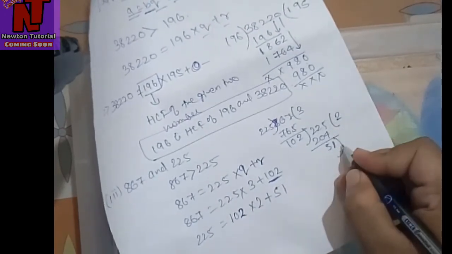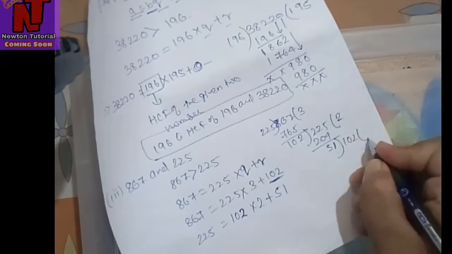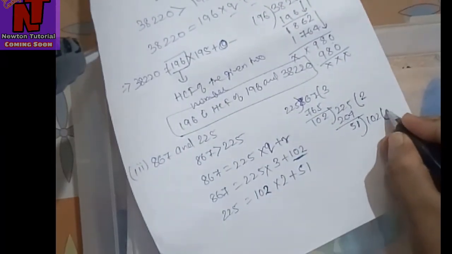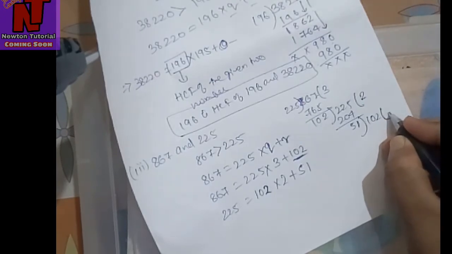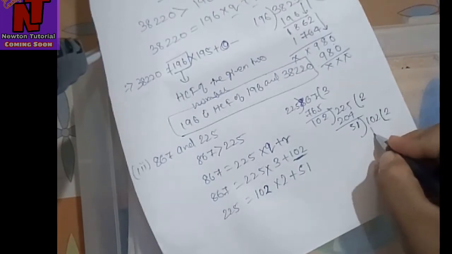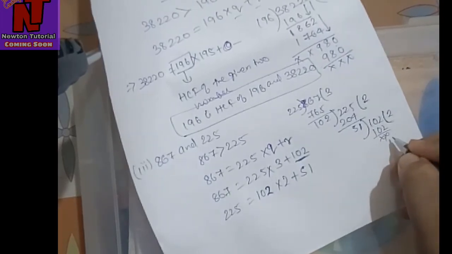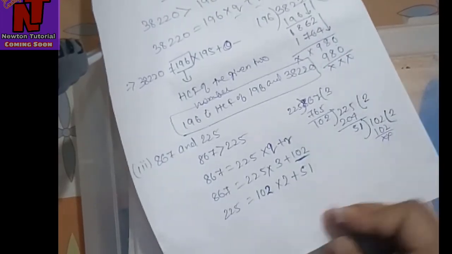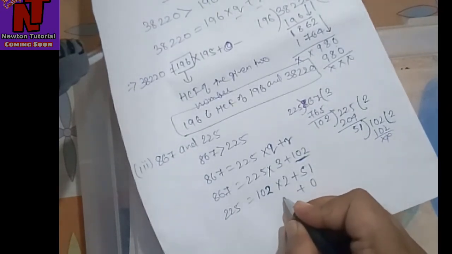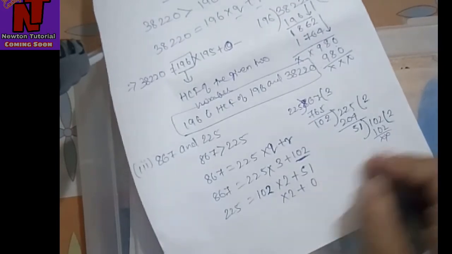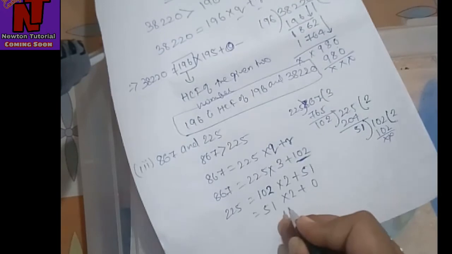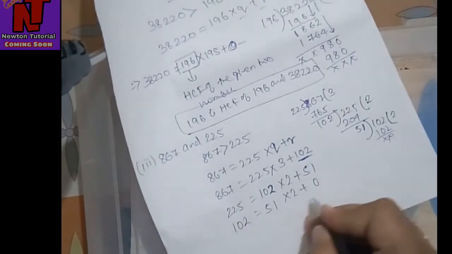Then again I will divide 102 with 51. 2 times 51, we will get 102. Now the remainder came 0, and quotient came 2 again, and divisor is nothing but 51 and dividend is 102.